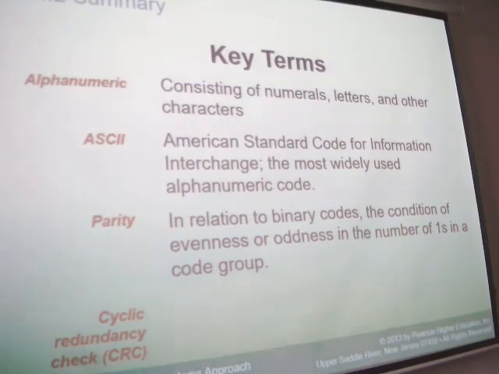If the number has odd ones, then the parity is 1. Cyclic redundancy check is a type of error detection code.